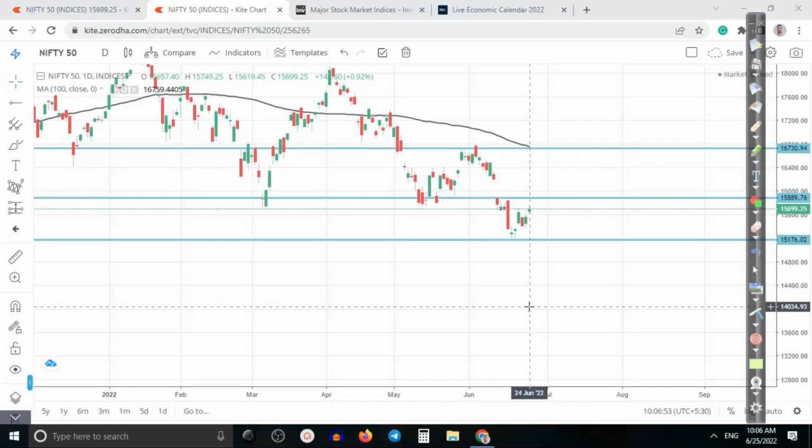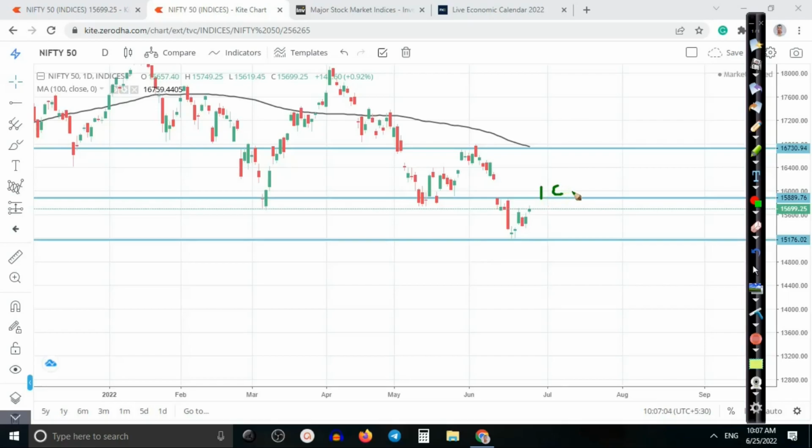In that case I'll use a directional option strategy, meaning I'll buy a call after breaking this resistance line, and I'll sell 2 lots of call below this 16,700, and again I'll buy a call, one call.